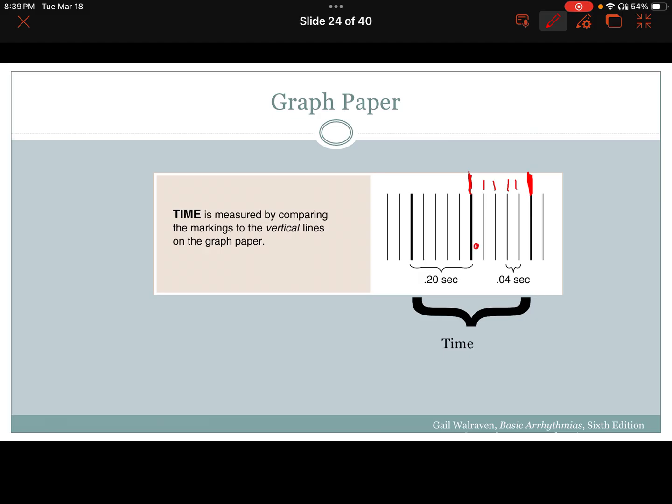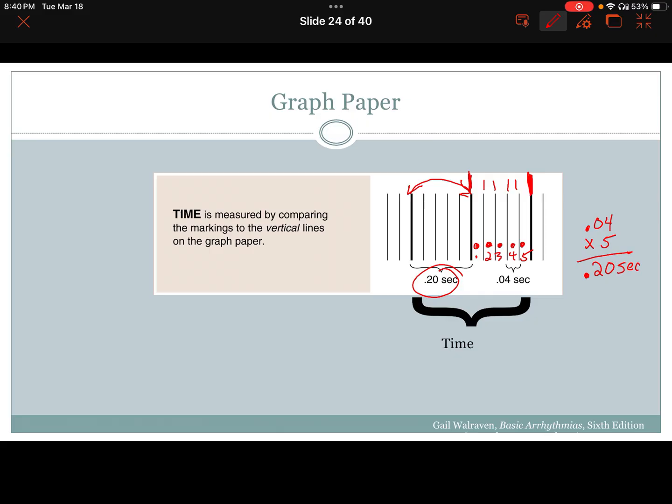So each little block is 0.04 seconds. But if you measure this whole block, this is 0.2. So if you took 0.04 and multiplied it by 5 blocks, that gets you 0.20 seconds. Okay?